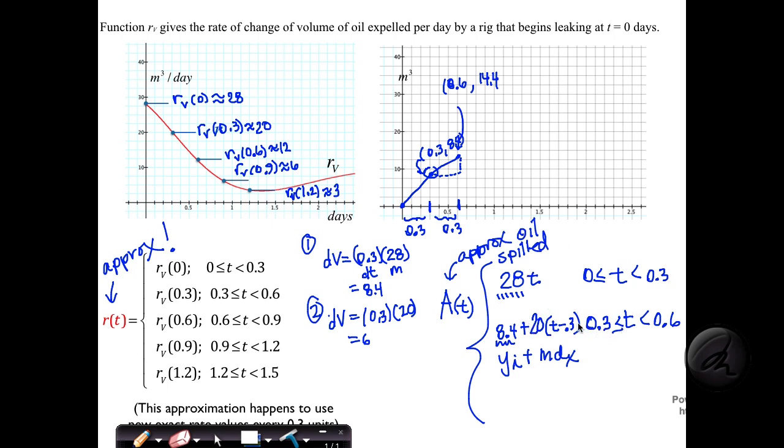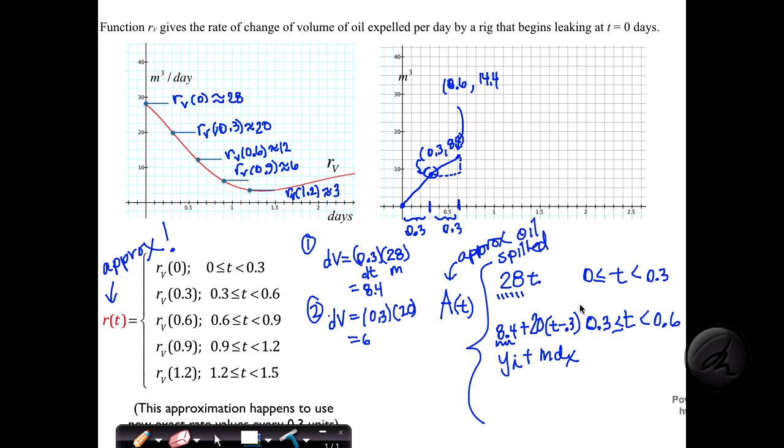In any case, if t is 0.3 or larger, I'm going to use this expression. Well, not or larger indefinitely, but or a little bit larger. I start at 8.4 and then increase at a rate of 20 y's per x, or 20 volume per time, for any amount of time I am past the starting position. The starting position wasn't 0, though. The starting position at this rate is 0.3.